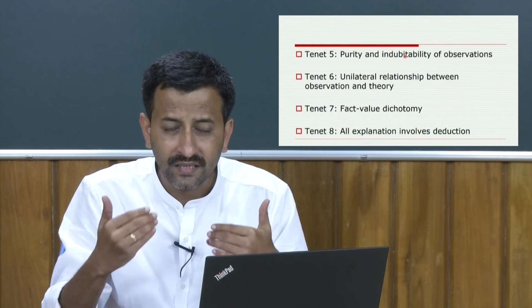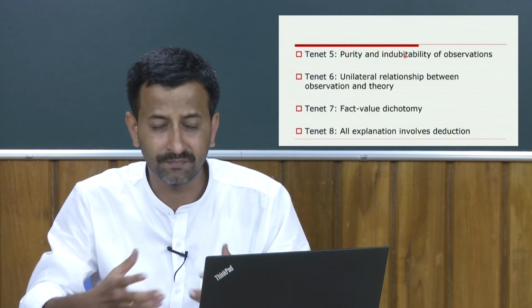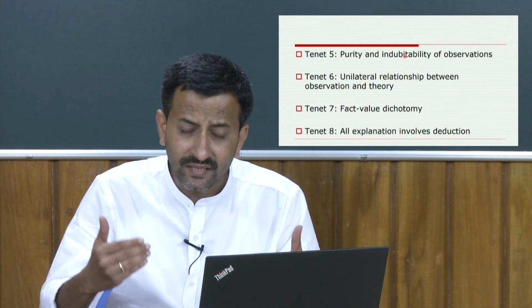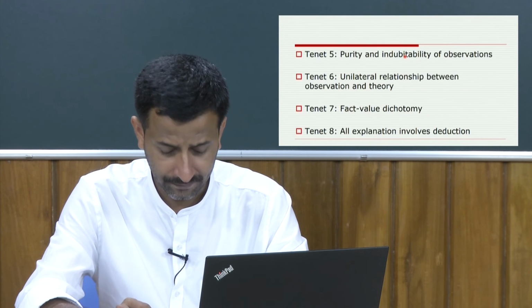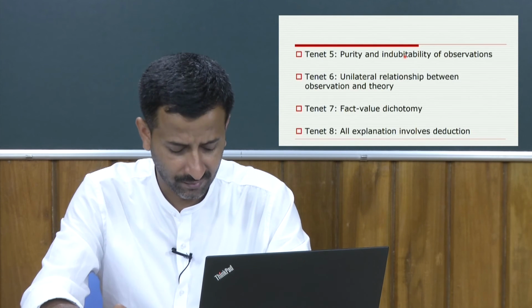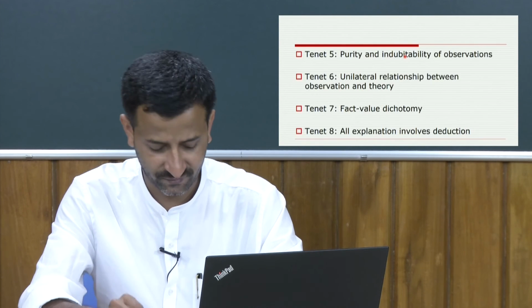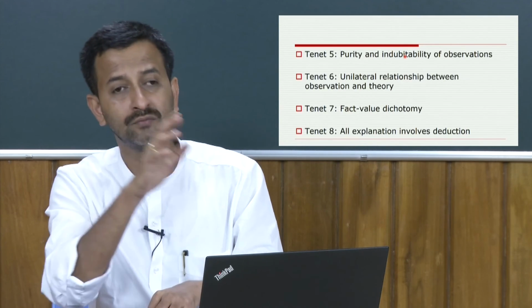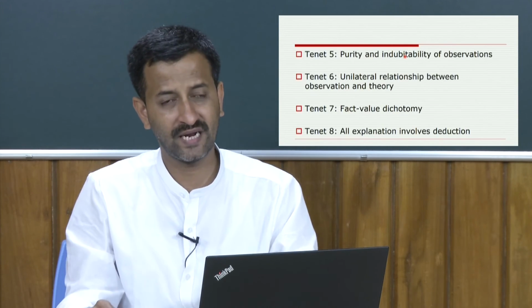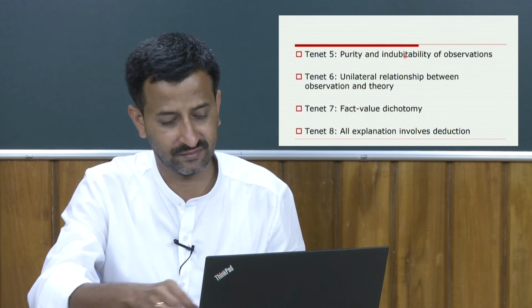But let me build a context, build a background to this, that the progress of science consists in the increasing accumulation of observations and the cumulative growth of our theories based on that kind of accumulation of observations.